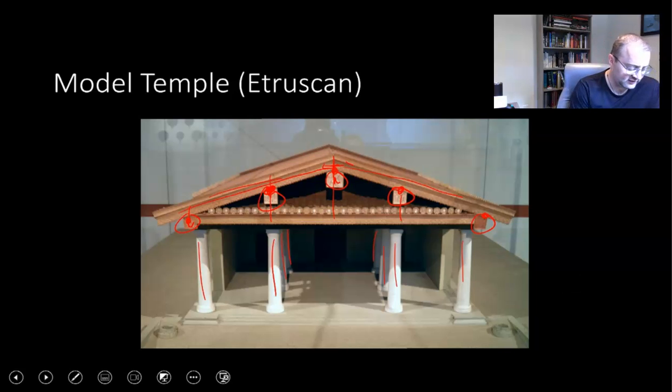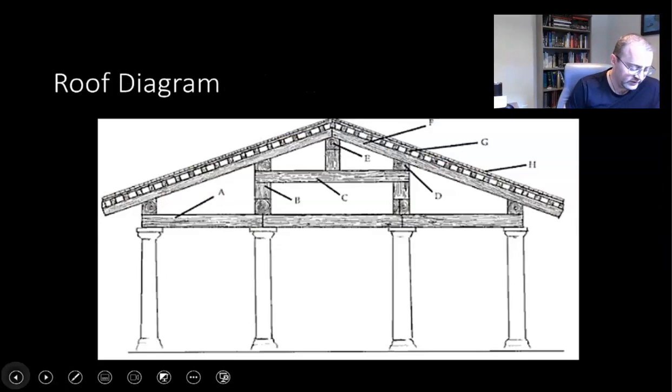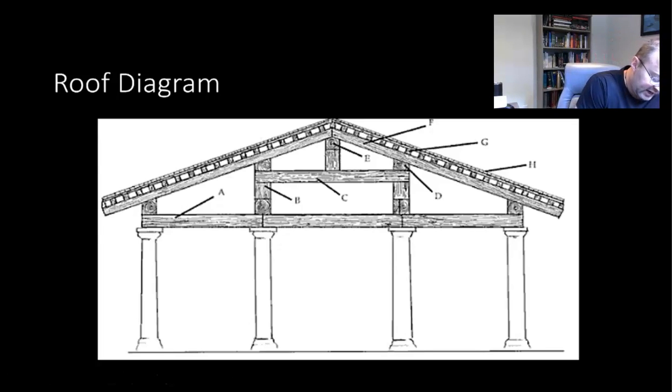So the next one is a diagram of that. You can see it a little bit better. So what we would have here are these lintels. And you could have another lintel right here. You might even consider these things.